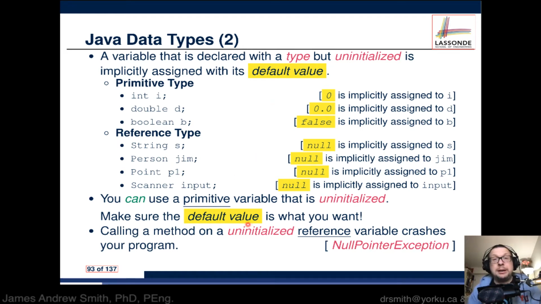That said, calling a method from a reference variable that is uninitialized will crash your program, so you don't want to do it typically. You can do it with the primitive values, but you don't want to do it with the reference values.